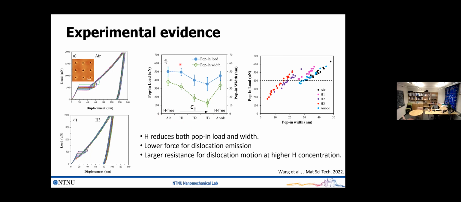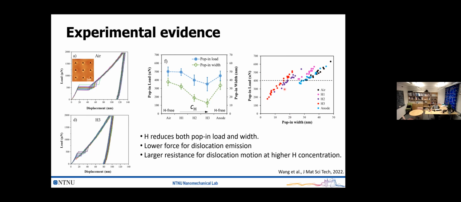And if we replot this to the popping load and width relation, it's very interesting that we see the hydrogen significantly lowers the critical force for the dislocation emission. Left is the air and the anode case, then it's increasing the hydrogen concentration.